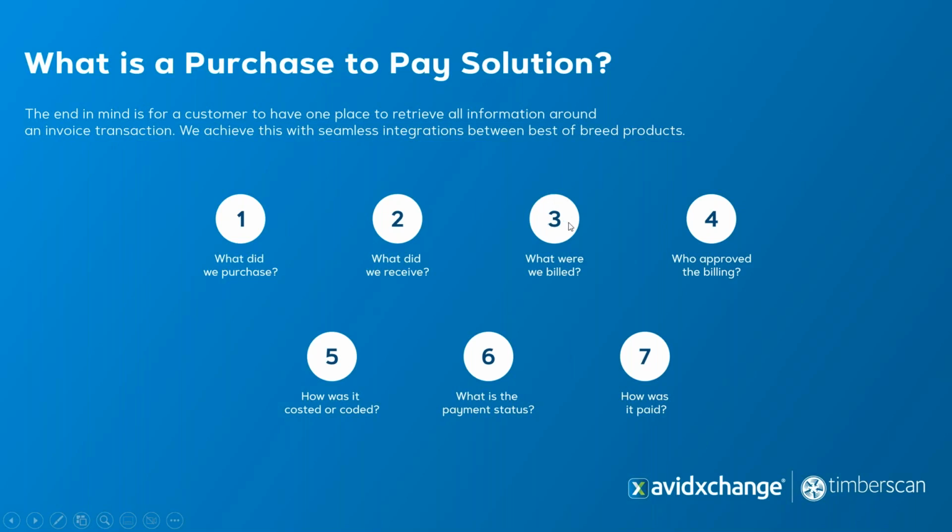Once we've processed or at least initially reviewed the invoice, the invoice gets sent off to the approvers. The approvers are now looking at this and saying, what happened? What did we purchase? What did we receive? And then they go through that coding process. This is all done in Titanium as well.